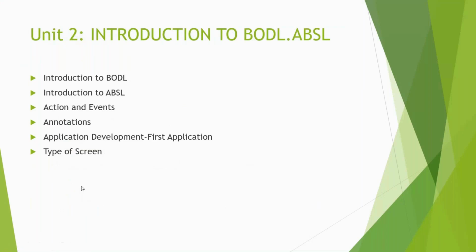In C4C, we have two scripting languages on the backend side for the scripting part. One is BODL and the other is ABSL. BODL is a business object definition language, and ABSL means advanced business scripting language. These two languages we will be using in C4C.